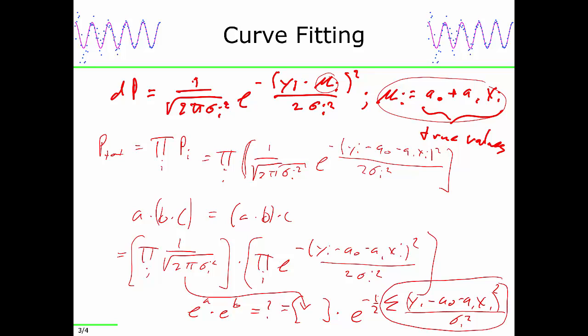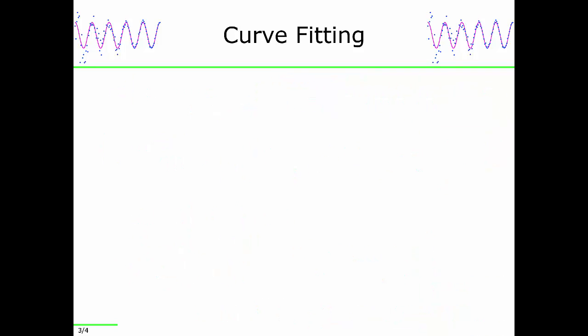So that summation has a special name. I'm going to rewrite this total probability in terms of that on the next page. So dP tot, technically it's still a differential, but it's a probability density still.